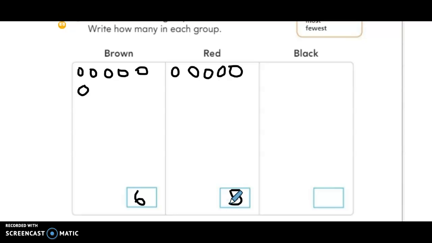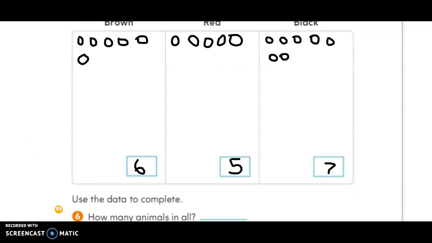Yep, that's correct. And let's record the black bugs. How many black ones? All right, I ended up with 7. How about you? Okay, now let's follow the directions.